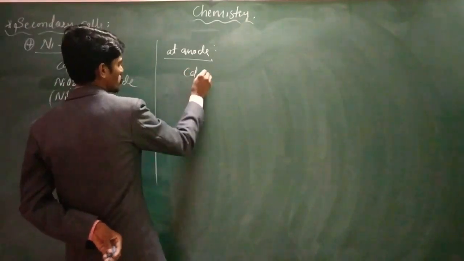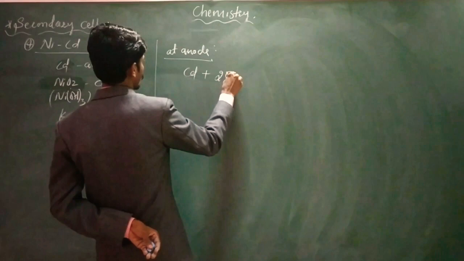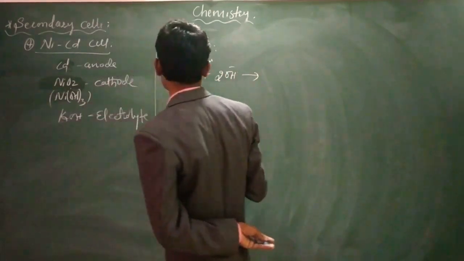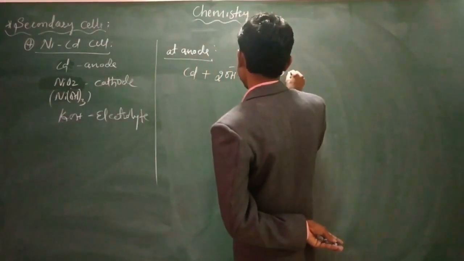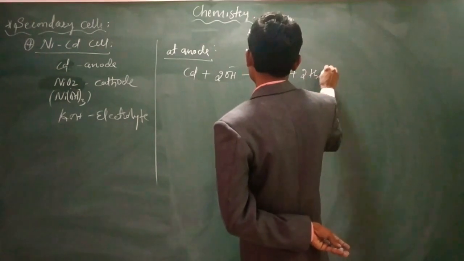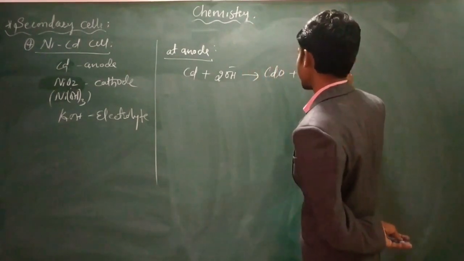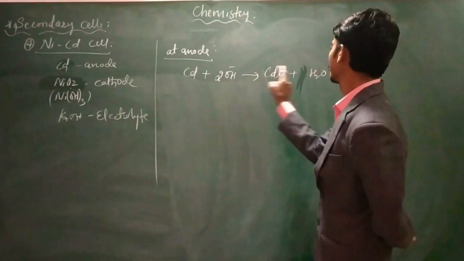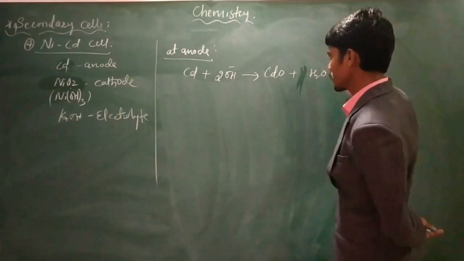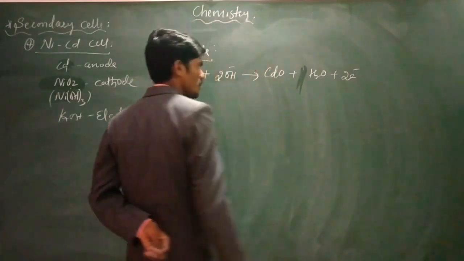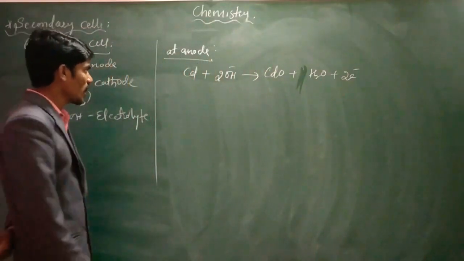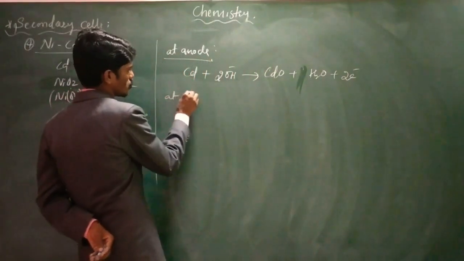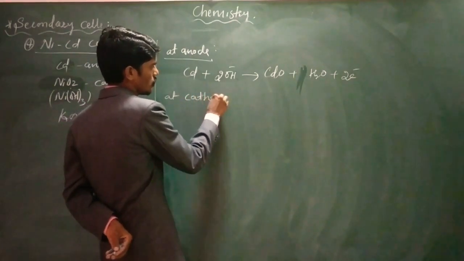Here cadmium is there. Cadmium undergoes oxidation in the presence of electrolyte. This gives rise to cadmium oxide, cadmium oxidized हुआ तो cadmium oxide plus 2H2O plus loss of 2 electrons. देखिए यहाँ पर correct है ये. H2O plus 2 electrons are lost, कैडमियम ऑक्सीडाइज हो गया यहाँ पर. Next at cathode, कैथोड में क्या होते हैं यहाँ पर?